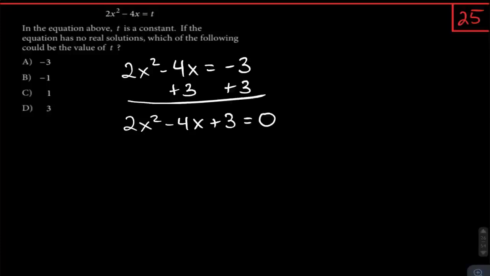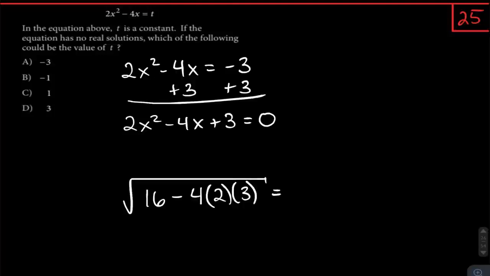And then we use the discriminant, right? If we get a negative under the square root, we know that we're not getting any real solutions. B squared is 16, right? That's the -4 squared. Minus 4 times A times C, right?